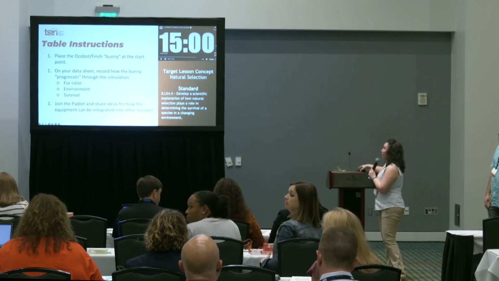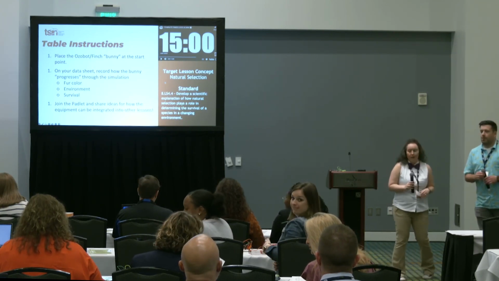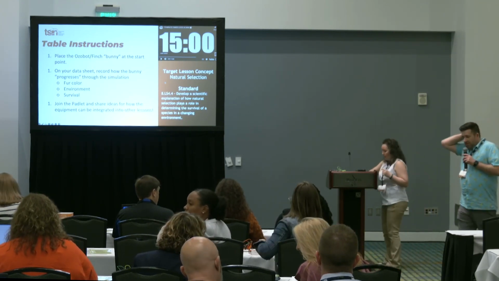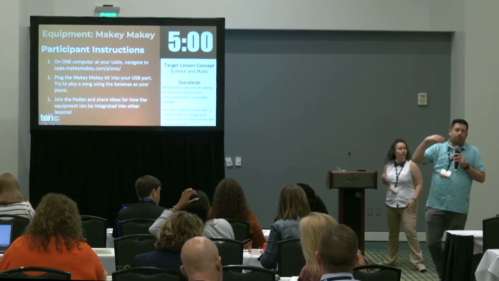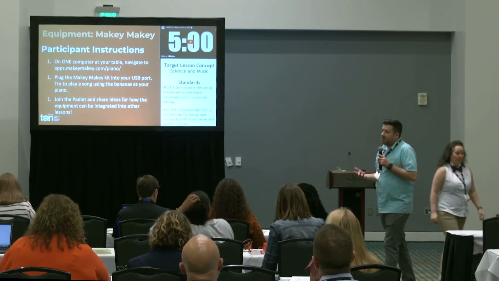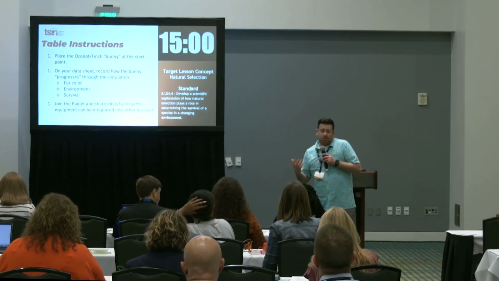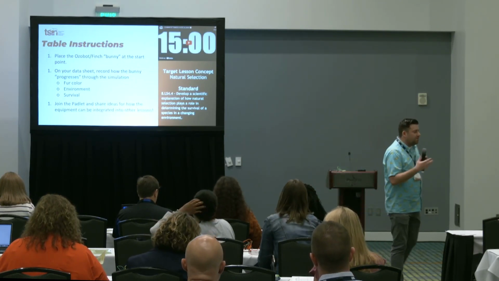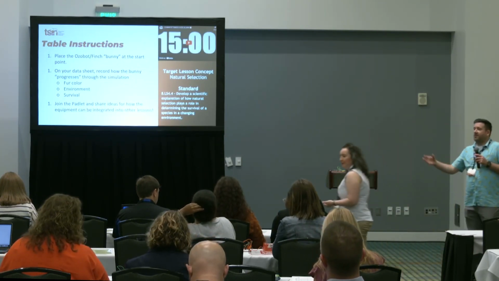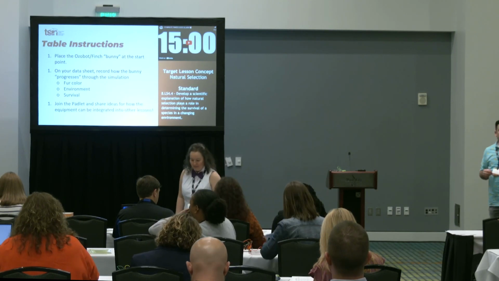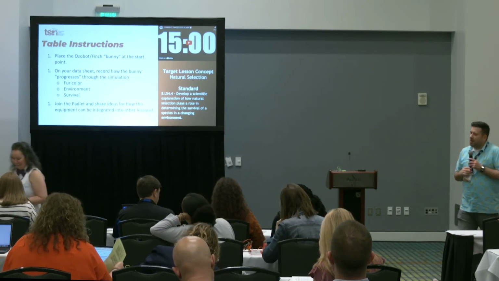All right. The next slide is the makey-makey, so you can just talk while I collect. Okay, so we're going to recap what we did here. We did a natural selection simulation using the Ozobots, and there are connections you can make between science and computer science in this activity.